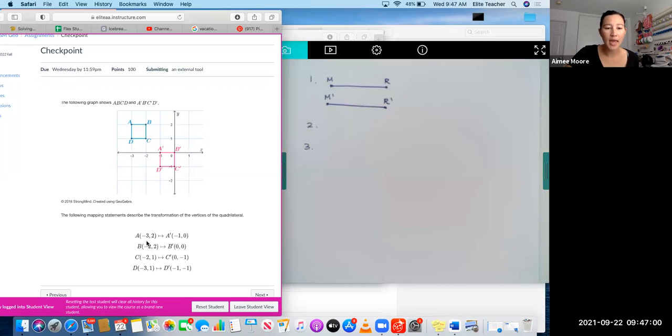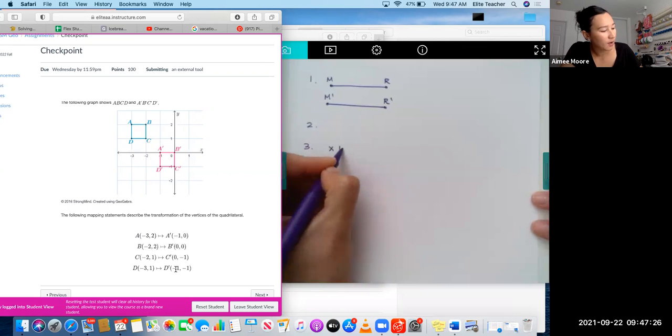So point A went from -3 for the X value to -1 for the X value. For B, it went from -2 to 0. And for C, it went from -2 to 0. And for D, -3 to -1. So what's happening to the X values? We're adding 2.